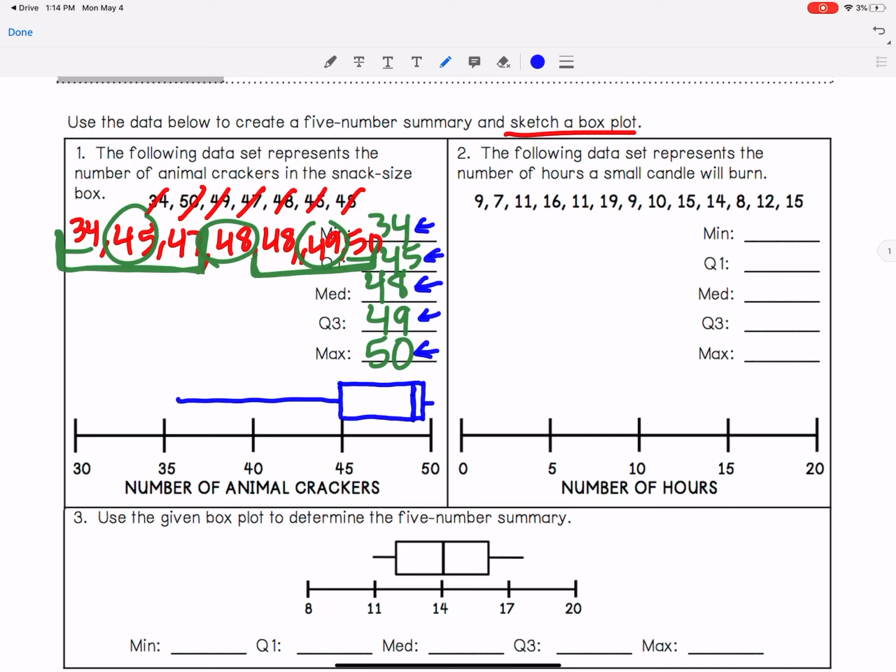Okay, so question number 2. The following data set represents the number of hours a small candle will burn. And I'm going to just list these from least to greatest. Here I go. Looks like our smallest number is 7.